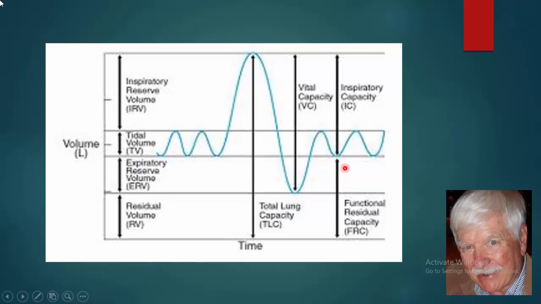And functional residual capacity is the expiratory reserve volume plus the residual volume. I better say it right one time. The expiratory reserve volume plus the residual volume equals the functional residual capacity. But those aren't the primary indicators.